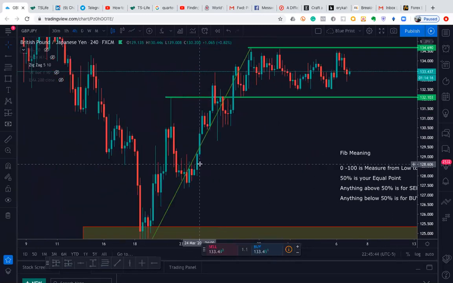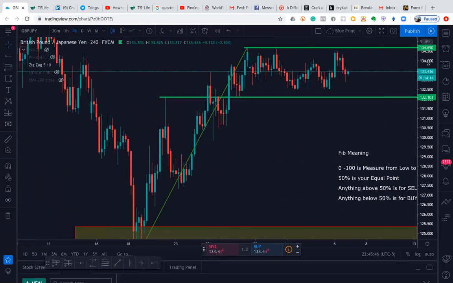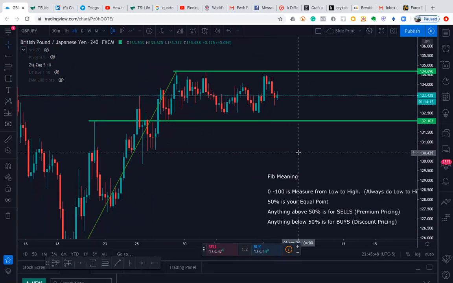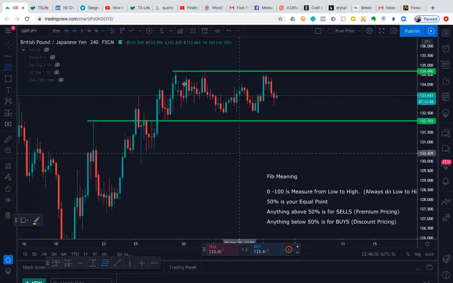And now what we're going to do is come where I have this marked up and basically put our fib starting from the low.